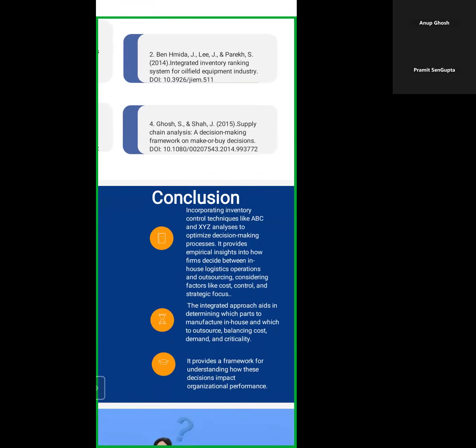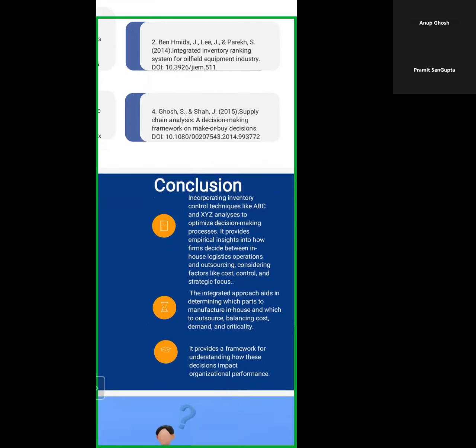Finally, we single down upon providing a main framework for understanding how this decision impacts organizational performance overall. That is, we're talking about budgets, peripheral planning of departments, and visions and missions of a company. This is the impact point of our entire discussion till now.